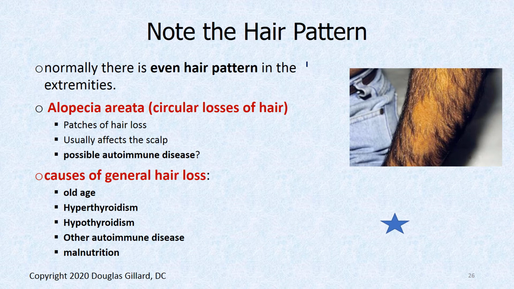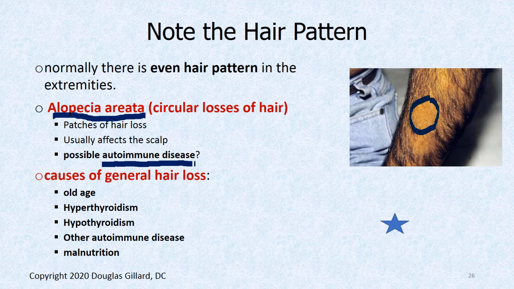Other things to look for on inspection is hair. Some people get these circles, and we'll talk about this in dermatology in 7th quarter. But they get these circles, which is called alopecia areata, and those are circular patches of hair loss. And yeah, so what can cause the hair loss? Not 100% sure.